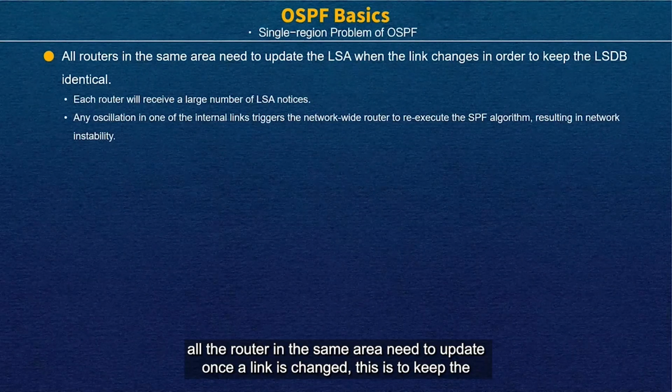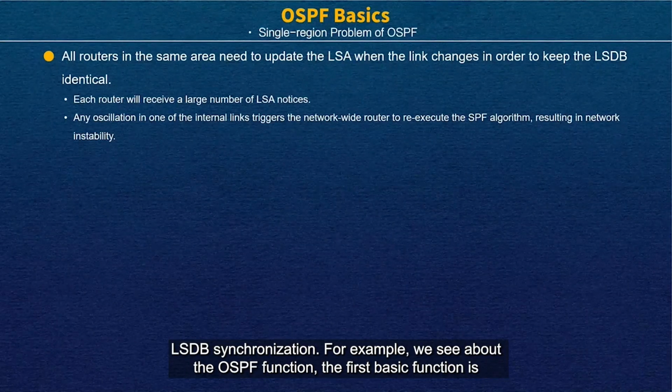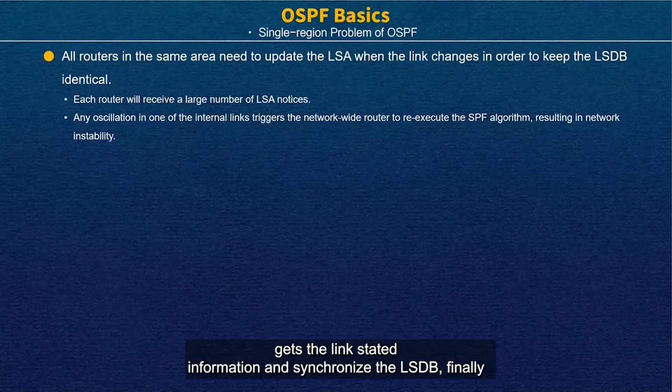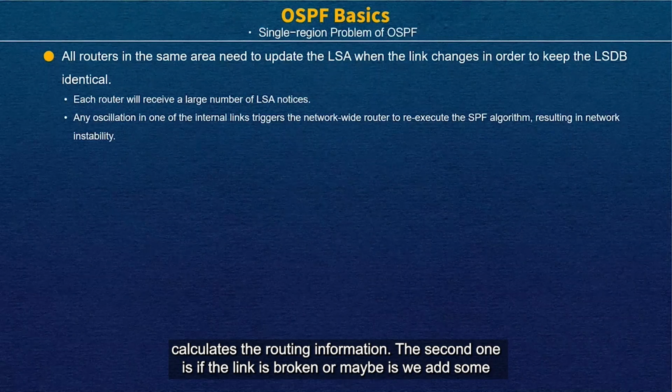All the routers in the same area need to update the LSA when the link changes to keep the LSDB synchronized. For example, we say about the OSPF function. The first basic function is to get the routing information, get the link state information, and synchronize the LSDB. Finally, calculate the routing information.